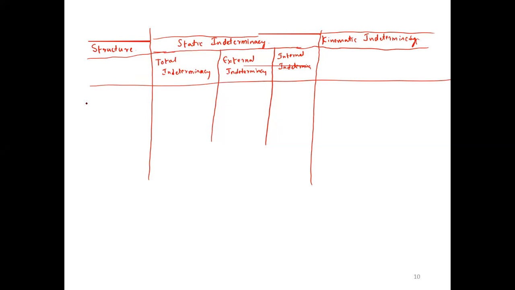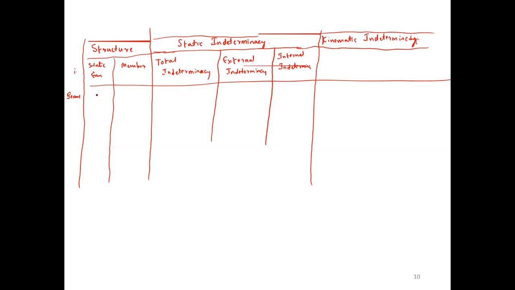First come to type of structure. What is the type of structure? And you may take members. Also, you may take static equations. Here you take first one, beam.